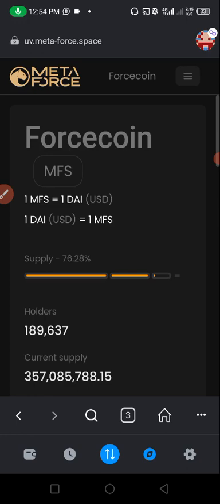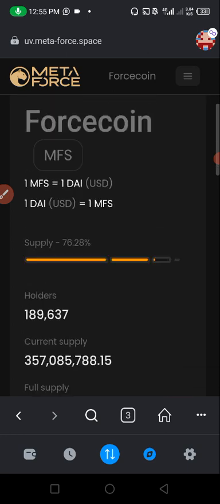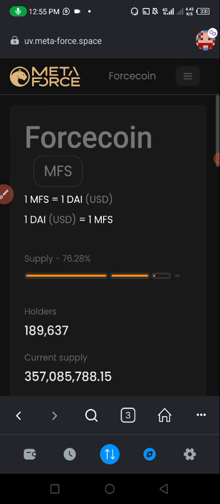Now it's at $1 per ForceCoin. So you can see it here, $1 per ForceCoin. Currently, we have over 180,000 holders on ForceCoin, and this is going to be the best cryptocurrency ever.